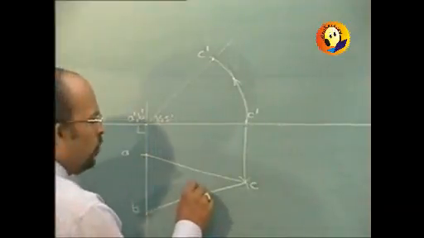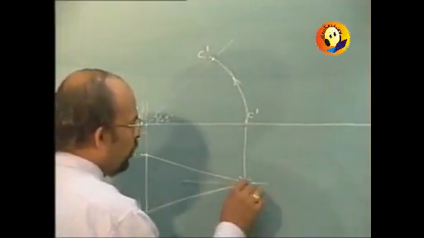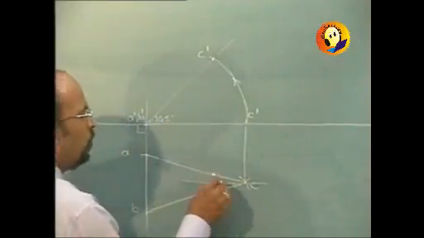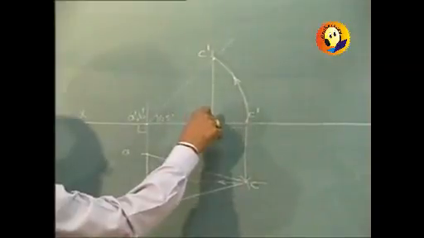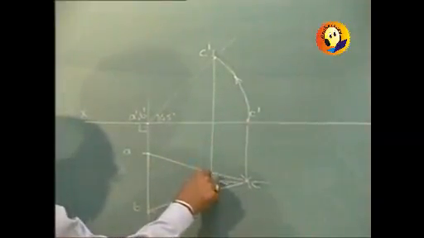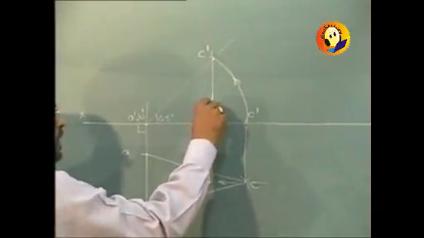Rotation in one view is movement parallel to XY in the other. So point C will start moving parallel to XY, and then we can draw a projector through C dash.